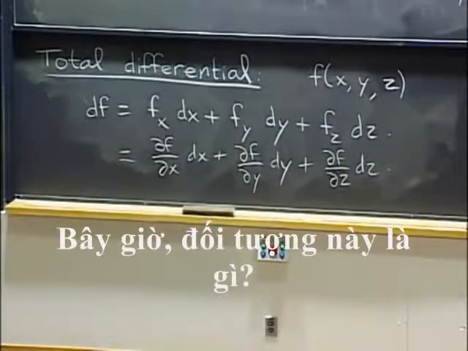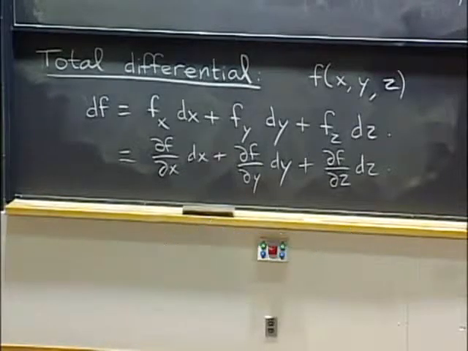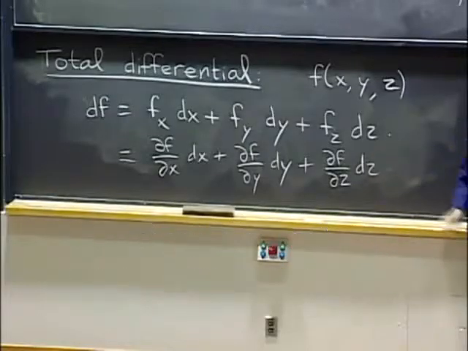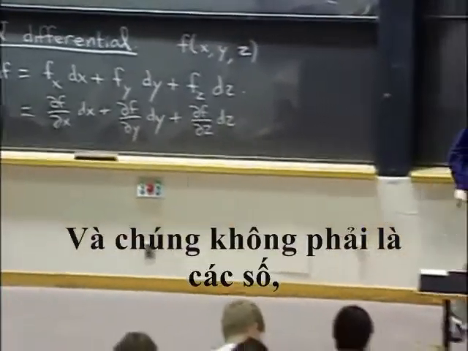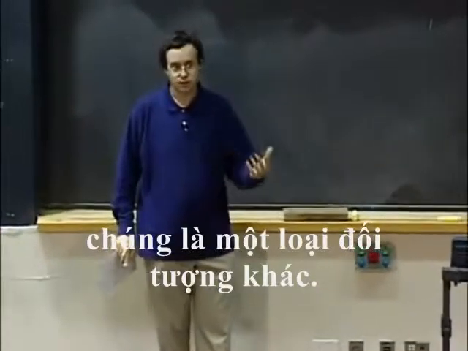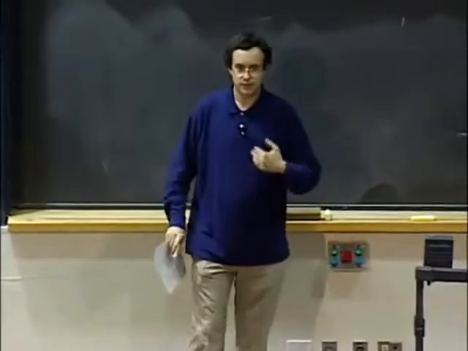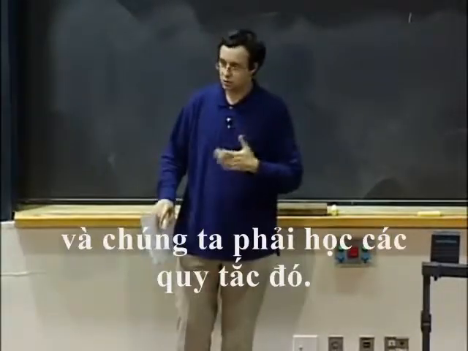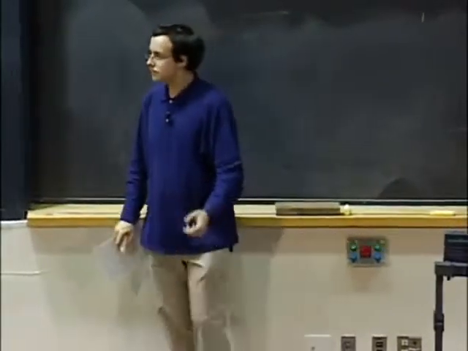Now, what is this object? What are the things on either side of this equality? Well, they're called differentials, and they're not numbers, they're not vectors, they're not matrices, they're a different kind of object. So these things have their own rules of manipulation, and we have to learn what we can do with them.